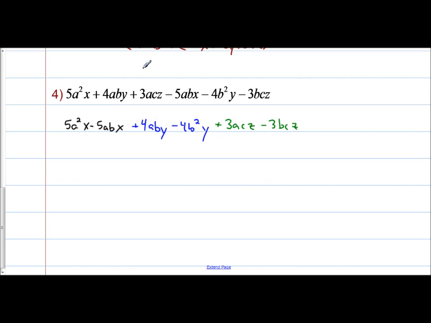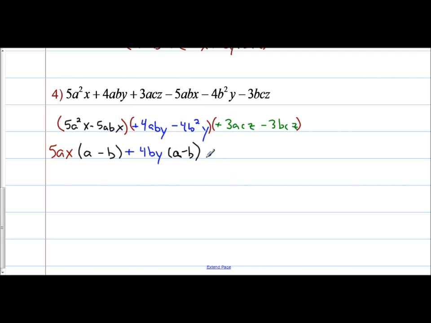And now for my grouping, I can use 3 groupings. GCF here is a 5ax, and inside the parentheses, you're left with a minus b. The GCF here is a 4by, and inside the parentheses, you're left with a minus b.